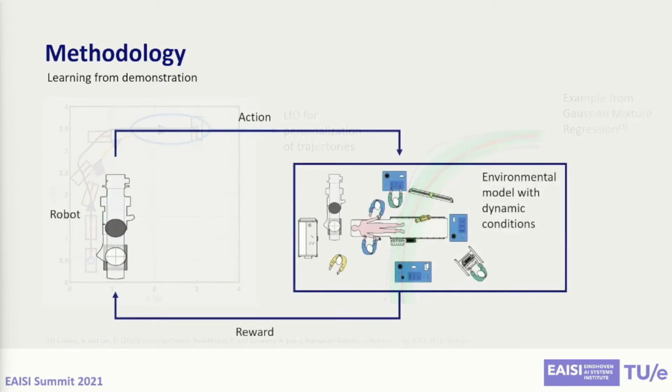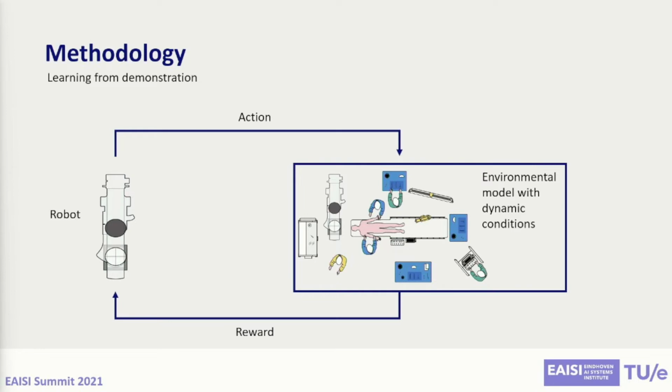And one of the techniques that was recently proposed in literature to address both the way a robot reacts to a dynamic environment and the way a robot adheres to user preferences is to set up a reinforcement learning problem. In reinforcement learning, as Jim already introduced, a robot performs actions on the environment, the environment rewards or punishes this action based on the expected outcomes, and based on the feedback loop, the robot is able to learn an optimal policy.